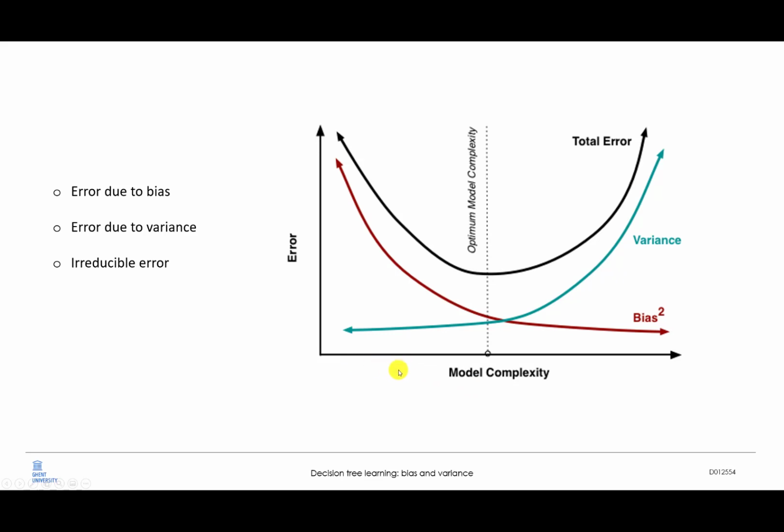So they will end up somewhere here, low model complexity. On the other hand, if we make them really complex decision trees, so we let them grow until they cannot grow anymore, so we would have deep decision trees with many leaves, we would end up here with complex models, okay?